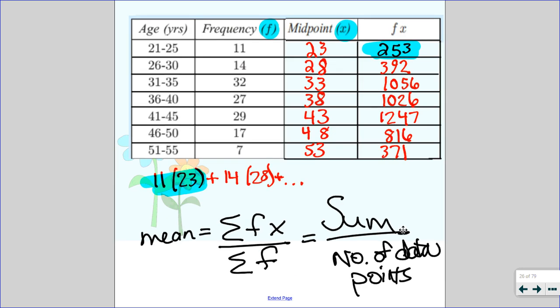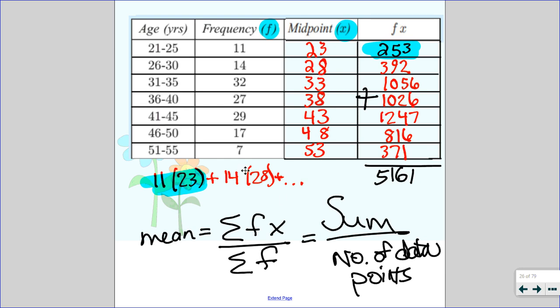In terms of this setup, that sigma represents the sum, so adding all the fx values up, we get 5,161. That's everyone's ages added together. If we added up 23 11 times, 28 14 times, etc., we would get 5161.